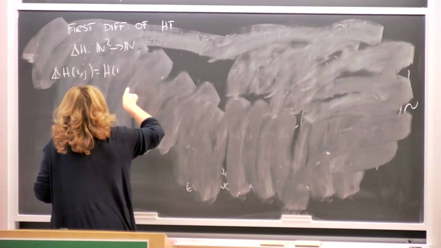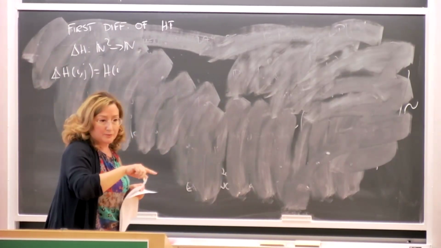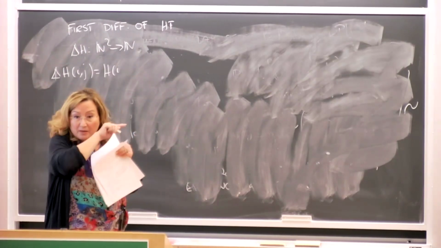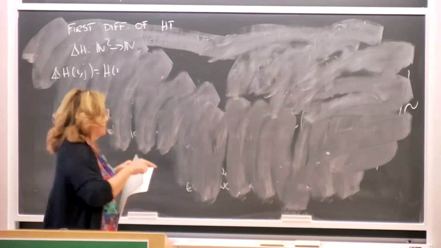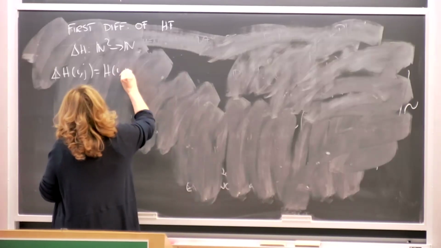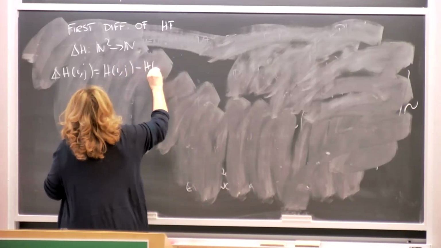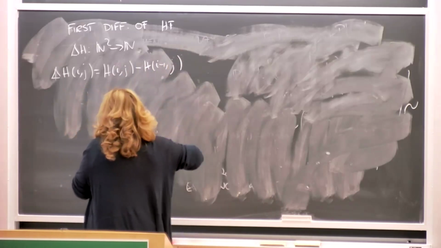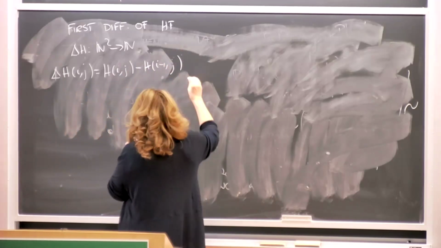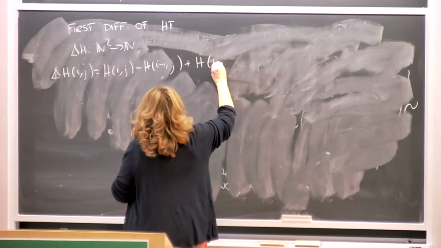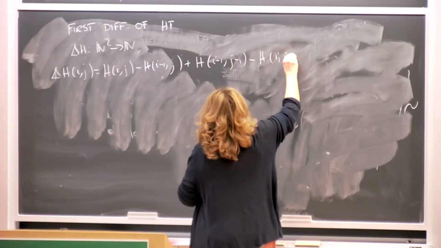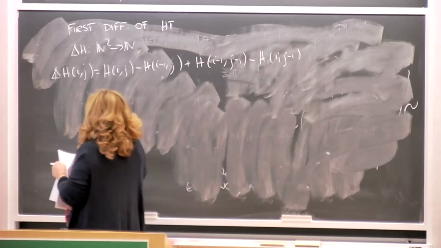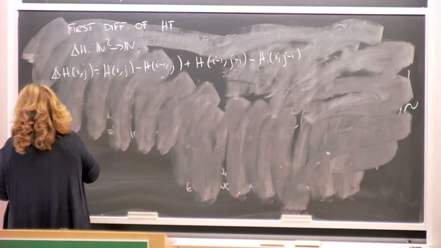It's the difference between the rows and the columns. While in P2 you just took the difference along one sequence, here you take the difference between row and column. So it's h(i,j) minus h(i-1,j) plus h(i-1,j-1) minus h(i,j-1). And we defined it, of course.